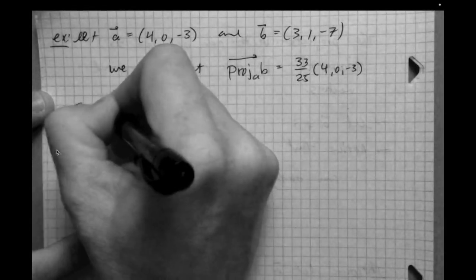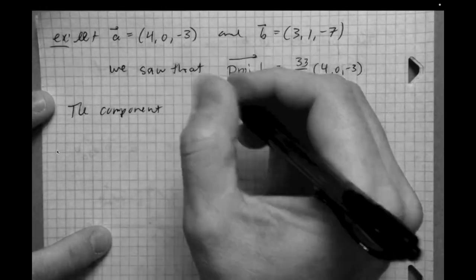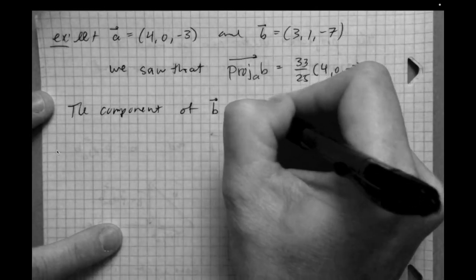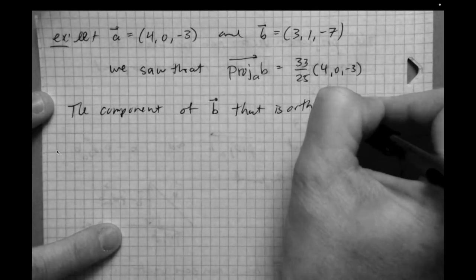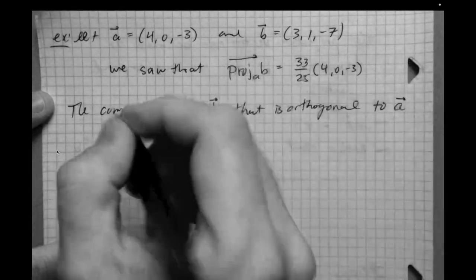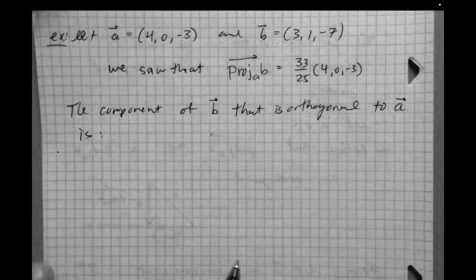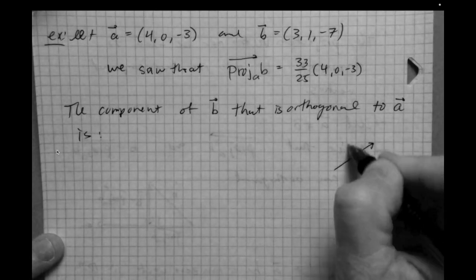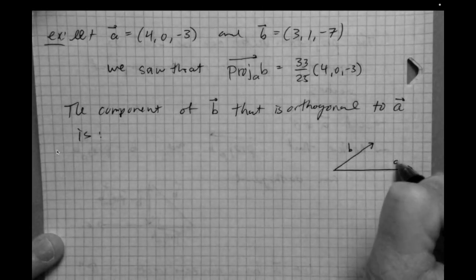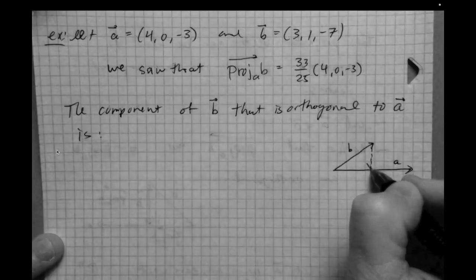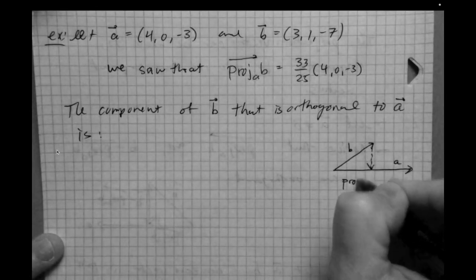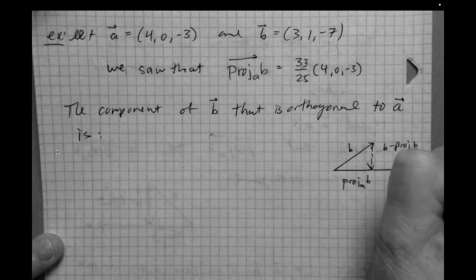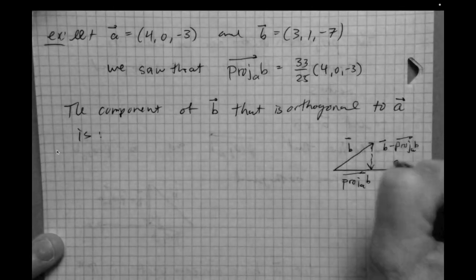Okay, so the component of B that is orthogonal to A is, right? Okay, well, let me make sure this terminology is clear. So here's my B, here's my A. I drop this down. We just talked about how this is the projection of B onto A, and this is B minus the projection of B onto A. These are all vectors.